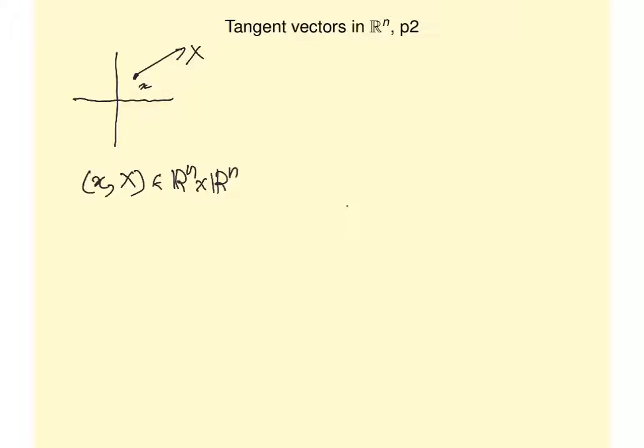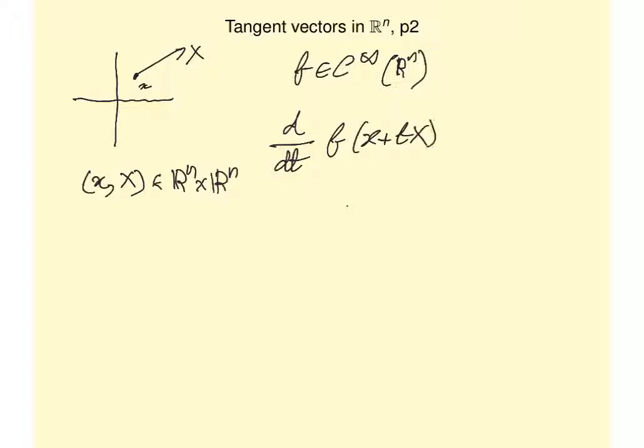And the point now is that if I've got a smooth function on the whole of Rn, or indeed just in the neighbourhood of little x, but let's keep things simple and regard it as on the whole of Rn, then I can define the derivative of that, starting at x, and varying along capital X. That's the sort of directional derivative, but most people who actually talk about directional derivatives in advanced calculus mean that the direction is a unit vector, and I don't want to do that, so I won't use that terminology, but that's still really the idea to have in the back of your mind.